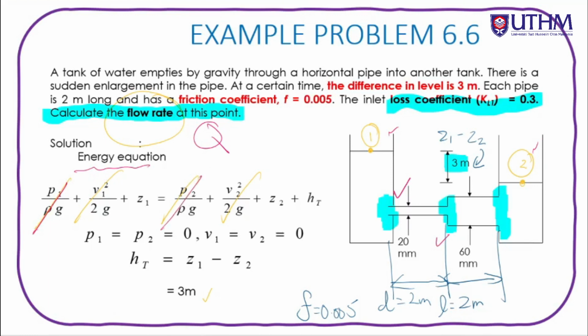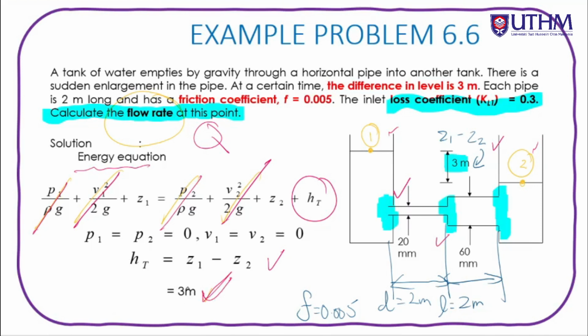Kita cancel out P1 and P2. Lepas tu dua-dua dalam large tank reservoir. P1 and P2 pun kita cancel out. And then what else? Itu okay. Alright, and then HT equals to Z1 minus Z2, in which given Z1 minus Z2 equals to 3, and then kita tahu total head loss adalah 3 meter.